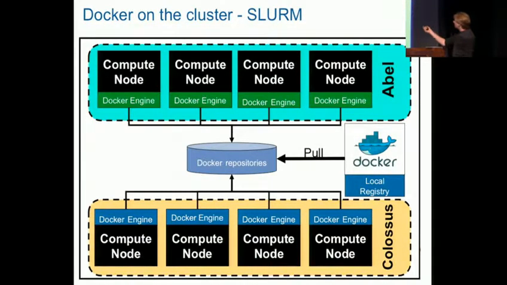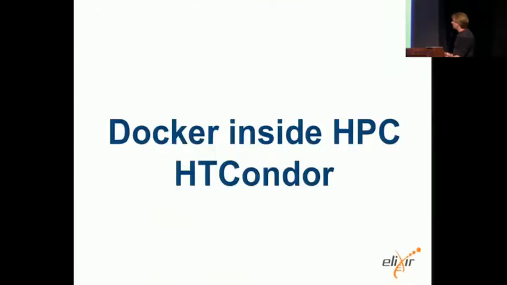So they have 2 compute clusters, and they are all using a local Docker registry to get their containers and to get the processes running. So, and now comes a new generation, because Slurm is kind of old, and we encountered that htconda has actually a built-in system for Docker containers nowadays.